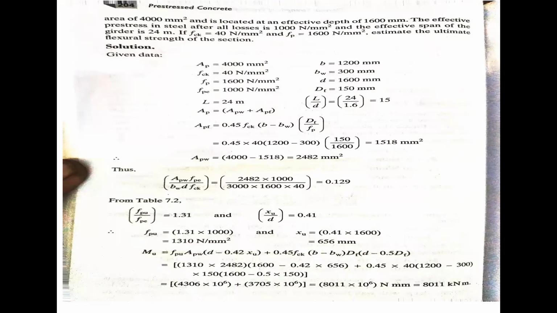The effective prestress in steel after all losses is 1000 Newton per mm square, and the effective span of the girder is 24 meters. If FCK equal to 40 Newton per mm square, that is the characteristic strength of concrete, and FP equal to 1600 Newton per mm square, the prestressing force, estimate the ultimate flexural strength of the section.